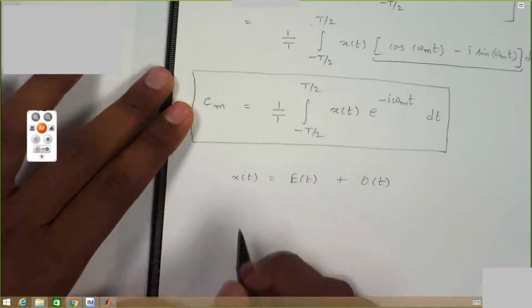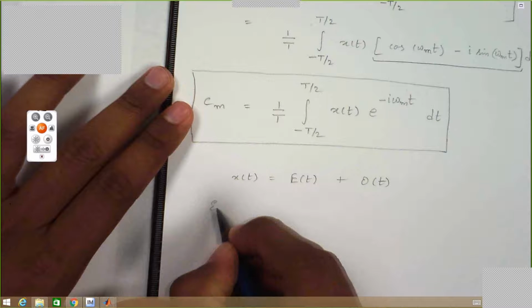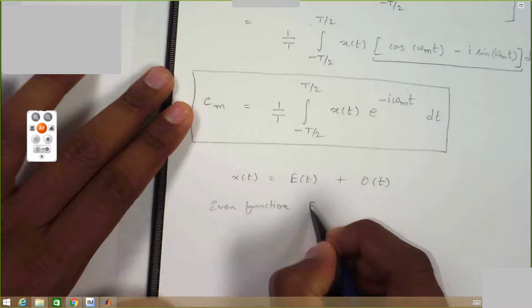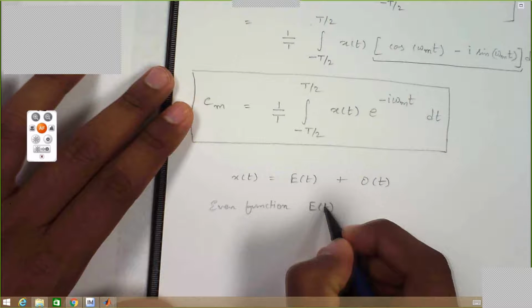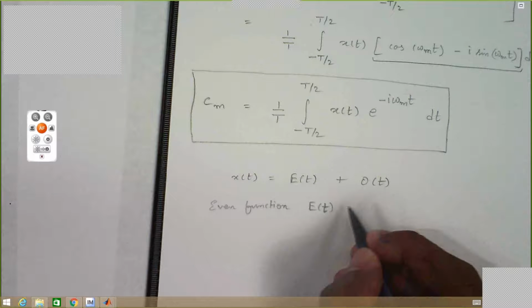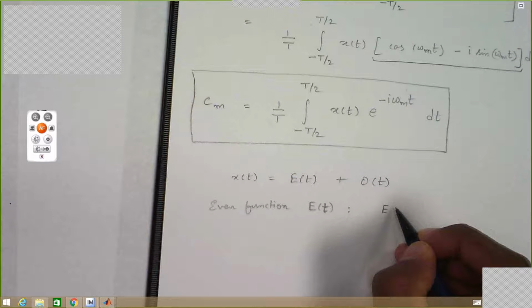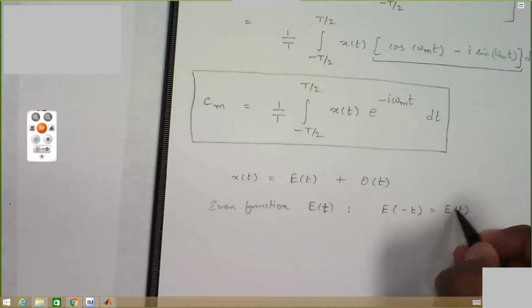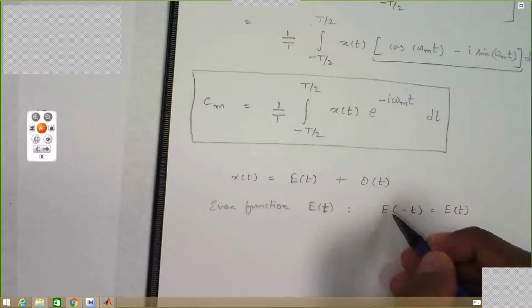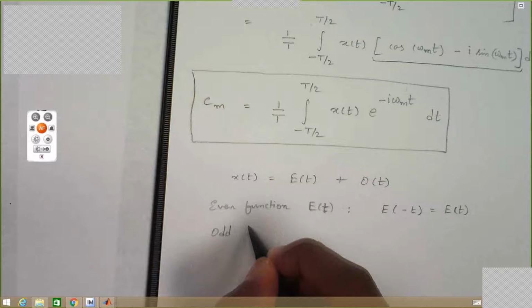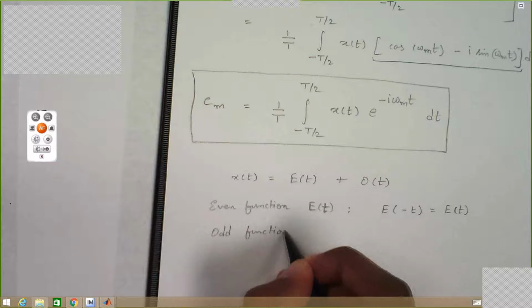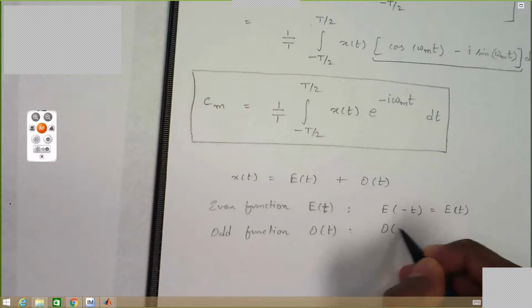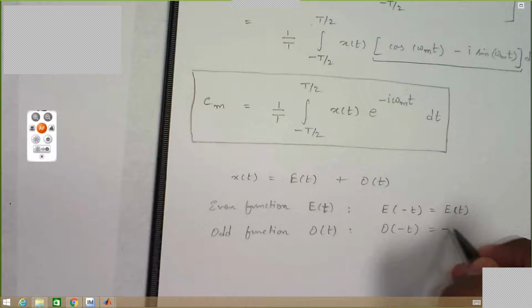An even function e of t has the property that e of minus t is equal to e of t, and for an odd function o of t, o of minus t is minus o of t.